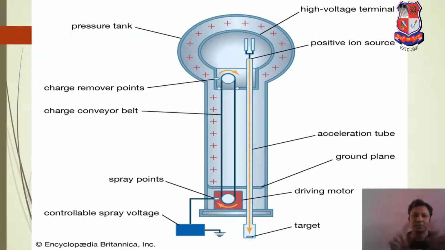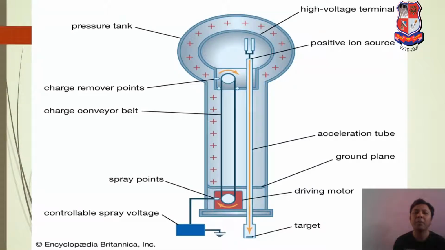Look at its structure. It has a pressure tank, charge removal point, charge conveyor, spray point, control lever spray voltage, driving motors, ground, accelerator tubes, positive ion sources, and high voltage terminal. The main parts are the conveyor belt, motor, control lever spray voltages, and positive ion sources.